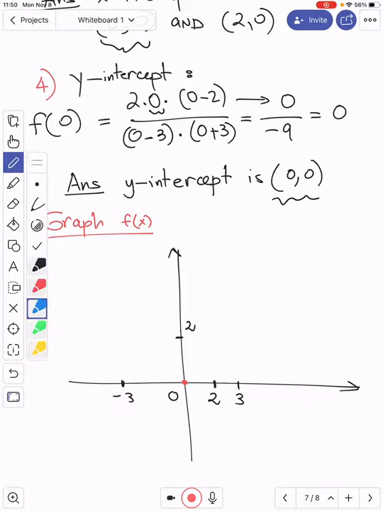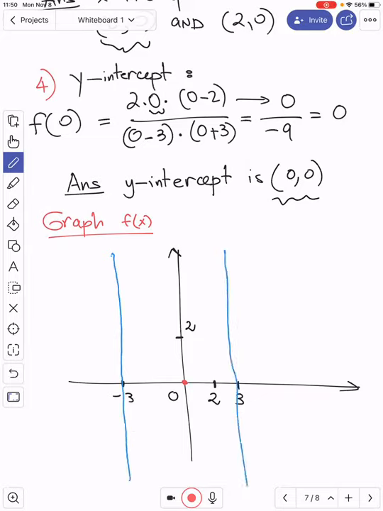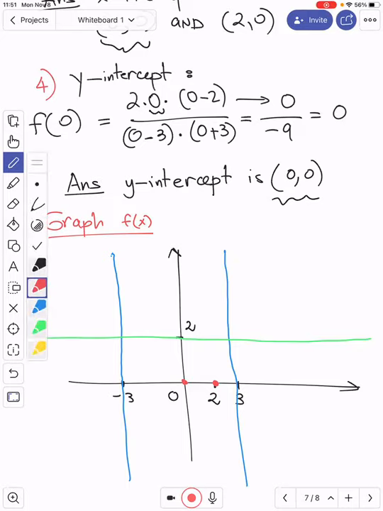So if you graph the vertical asymptotes at -3 and +3, and then your horizontal asymptote at y equals 2, then we have two x-intercepts, 0, 0 and 2, 0. As I said, my y-intercept is the same as my x-intercept. For the first part of the graph, we have two options, either above or below the horizontal asymptote.